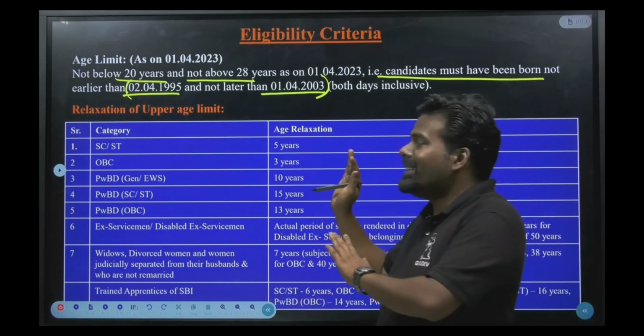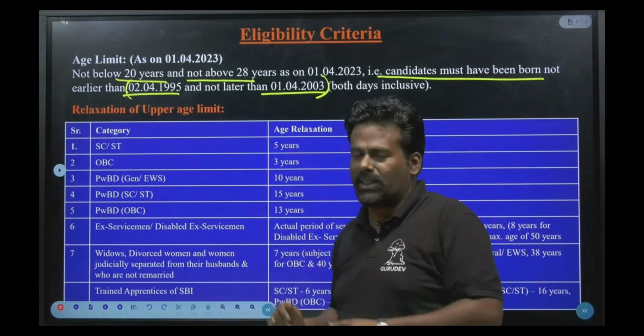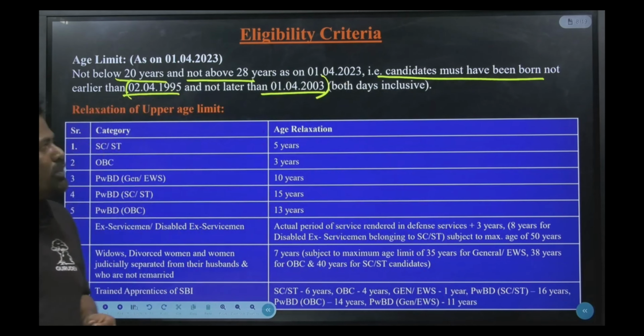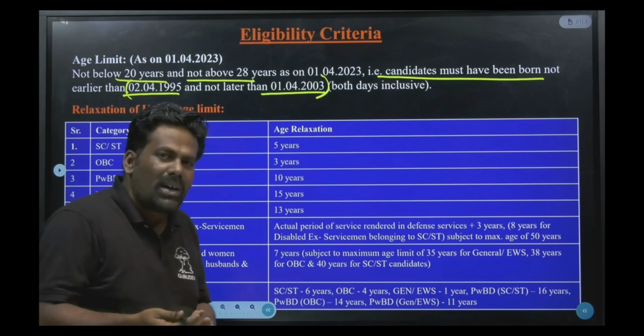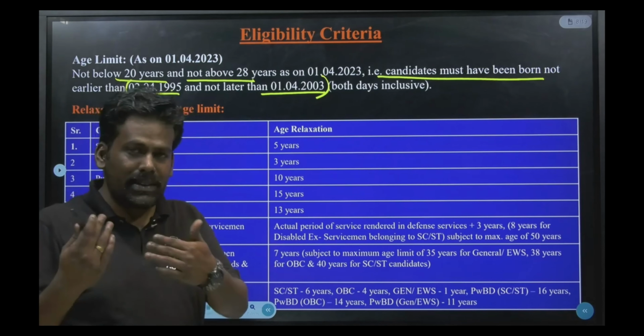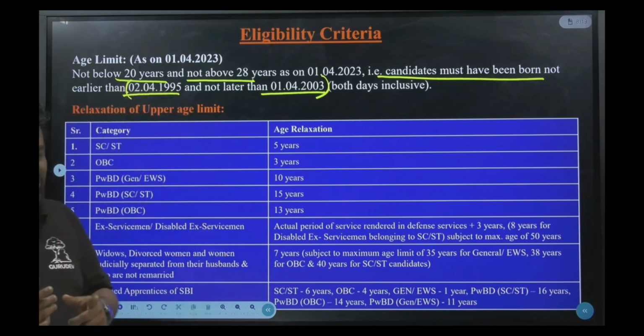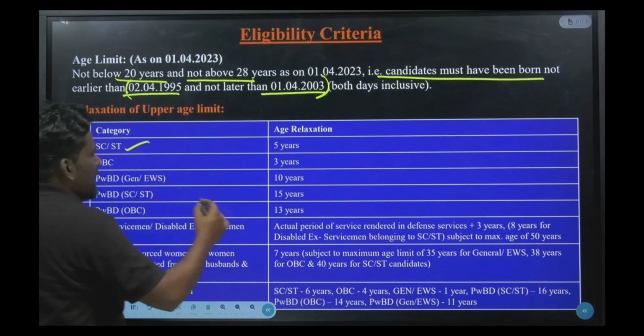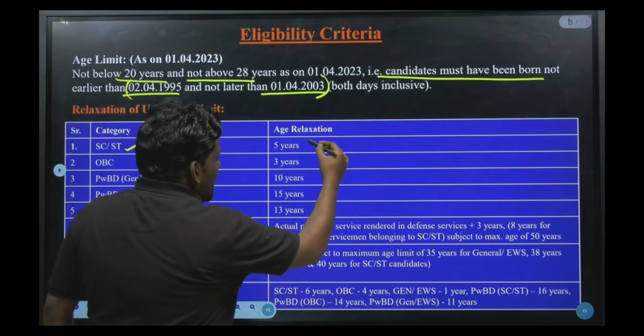There should not be any kind of doubt with respect to the age criteria, correct? Now there will be certain people who will be around, say, 29 or 30. Can they apply? Yes, they can also apply, provided they belong to some categories which are listed here. For example, if you belong to SC or ST category, you can apply till 33.